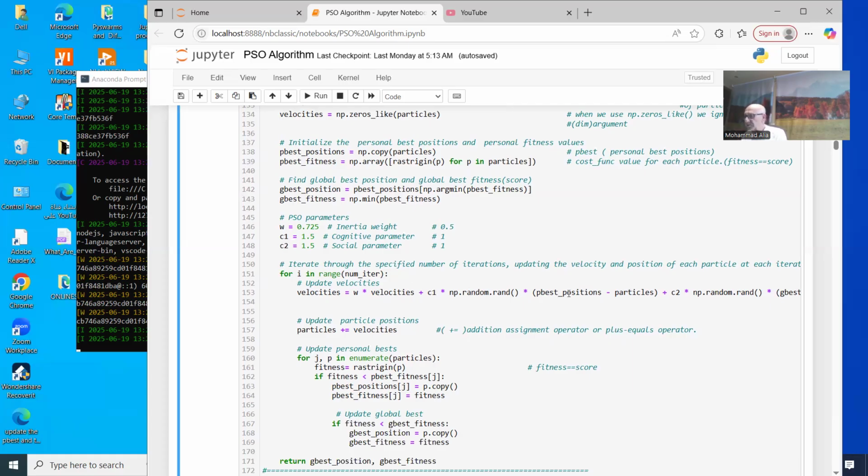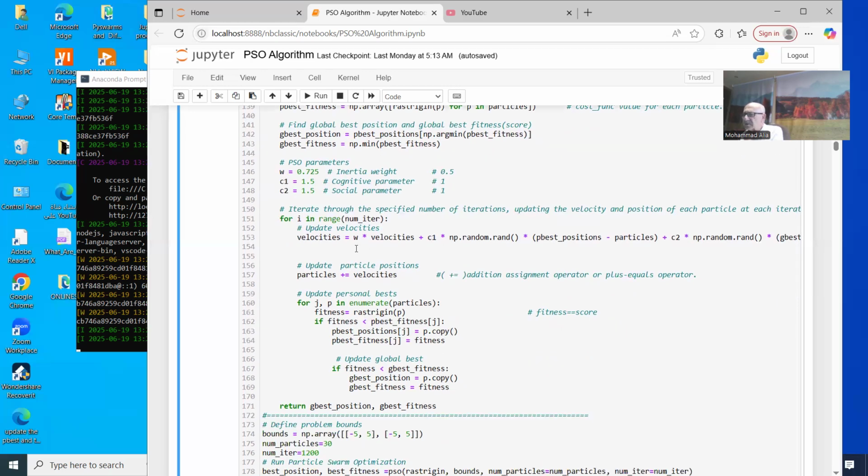They will be included in the expression for updating the velocities. So C1 is taken as 1.5, C2 1.5. It could be 1 and 1. It depends on the result which you receive. If you receive a result which is a little bit confusing and not so good, you can manage the values here. You change the values and select the more appropriate. The inertia coefficient W is taken as 0.725.